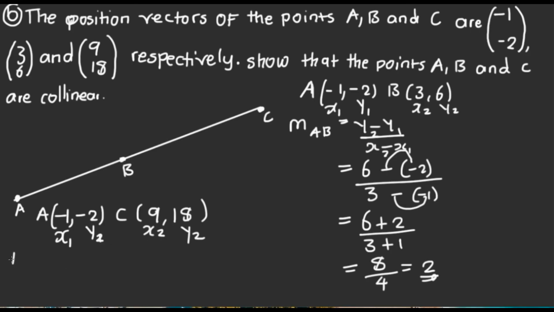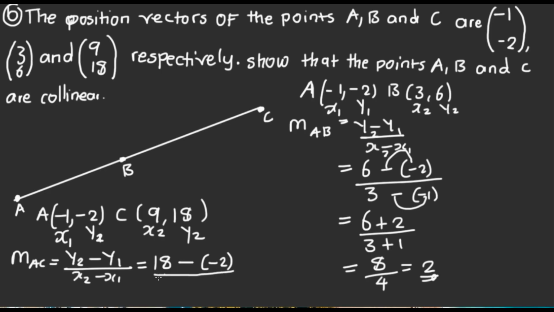So gradient for AC will be y2 minus y1 over x2 minus x1. So what's our y2? 18 minus -2 over x2 is 9 minus -1.